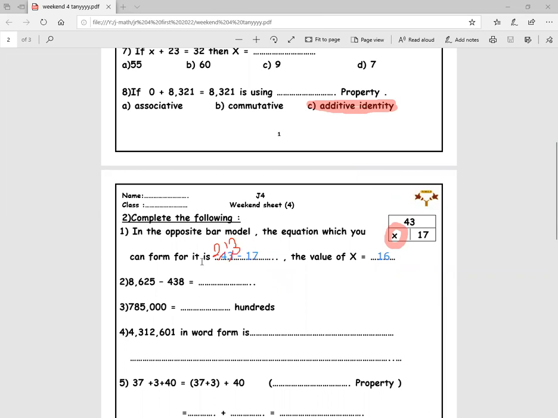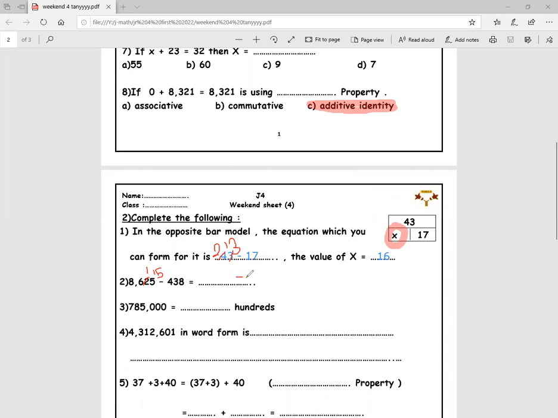Let's check the answer. Okay. 8,625 minus 438. 5 minus 8 can't be. The 2 will be 1 and this 5 is going to be 15. 15 minus 8, let's count after 8: 9, 10, 11, 12, 13, 14, 15.